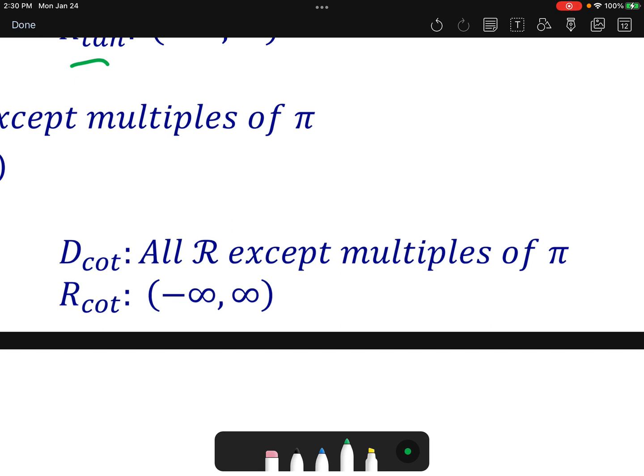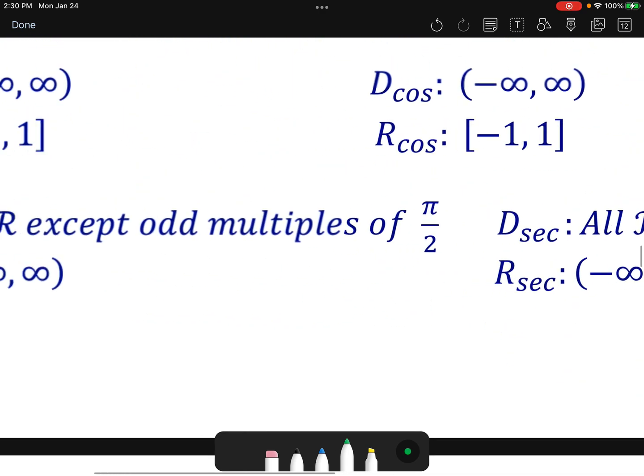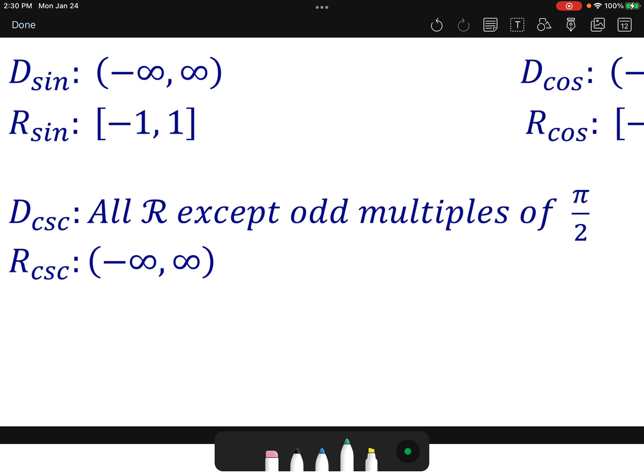Okay, now go to 1 over sine, which is cosecant. Graph that. And you can see the cosecant, oh, this range is wrong, isn't it? That range is wrong. All reals except odd multiples of pi over 2. Again, the pi over 2's don't exist.